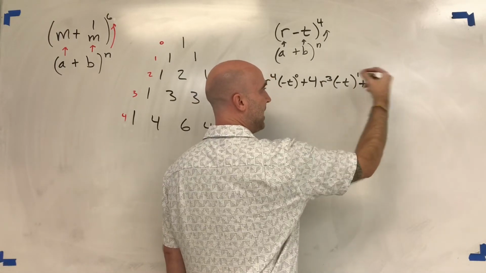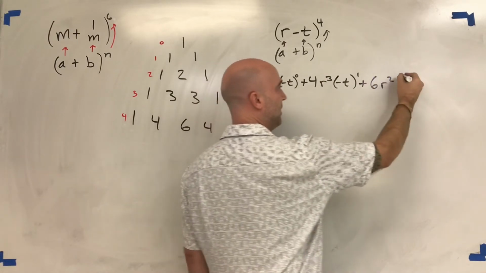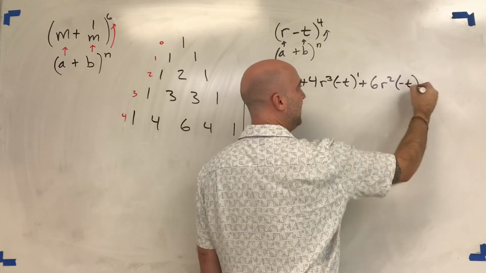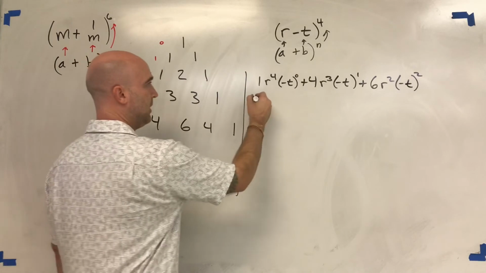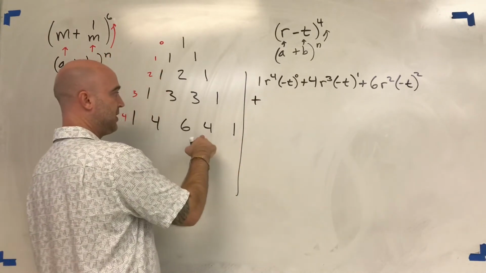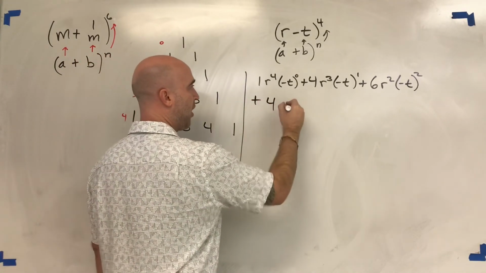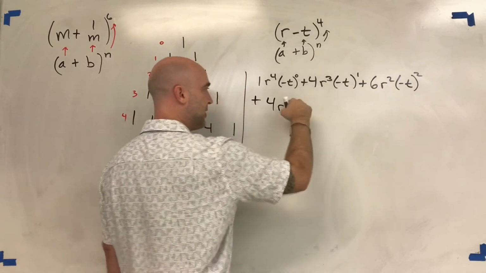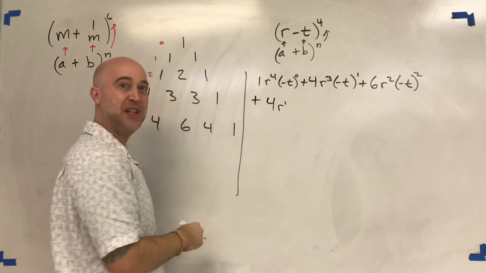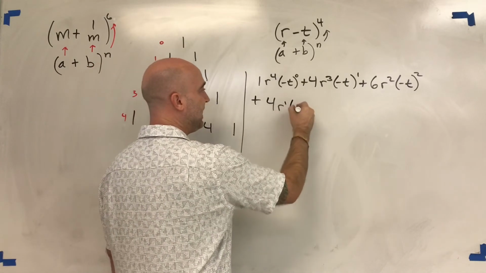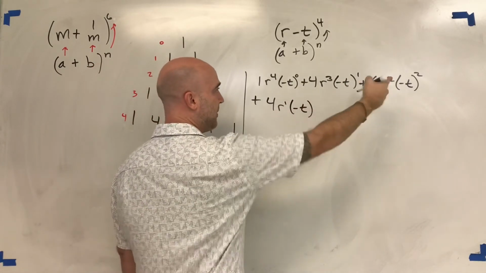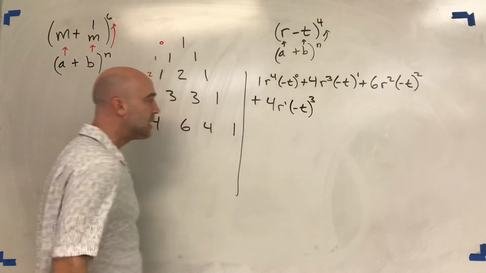R minus 1 from that is 2. Our b is now squared. Next coefficient is 4. 4r, I went from 2, now this one's at a 1. I'll just use placeholders right now to help keep track of everything. And our b is negative t. It went from squared, now it's cubed.